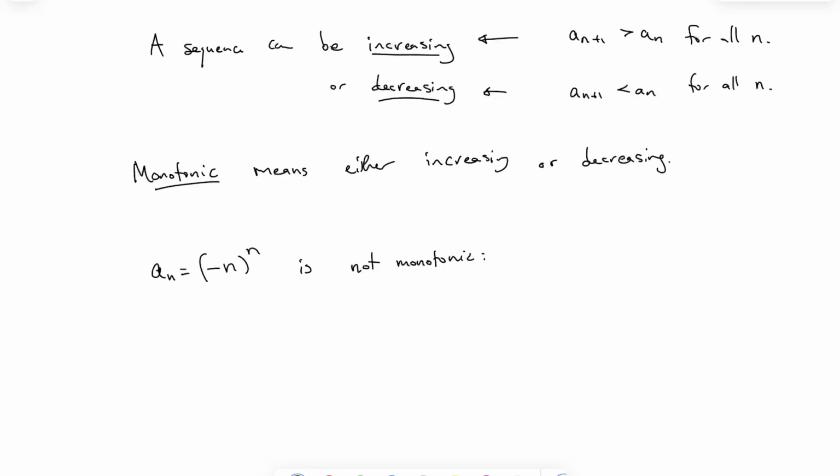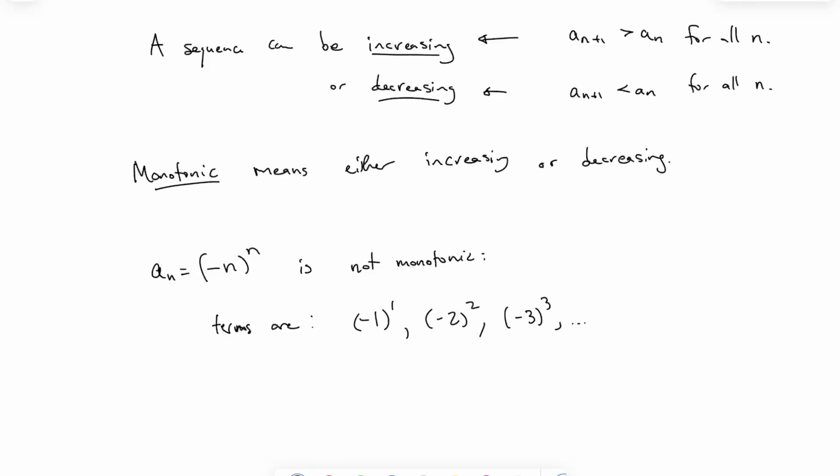It's much easier than proving that the sequence is increasing or proving that it's decreasing. To prove it's not monotonic, you can just write out some terms. The term n equals 1 will say (-1)^1. The term n equals 2 will say (-2)^2. The next one would say (-3)^3, etc.